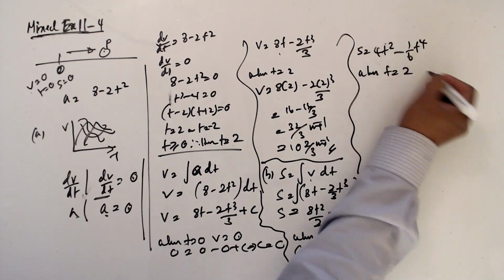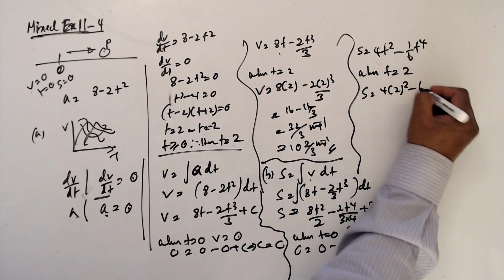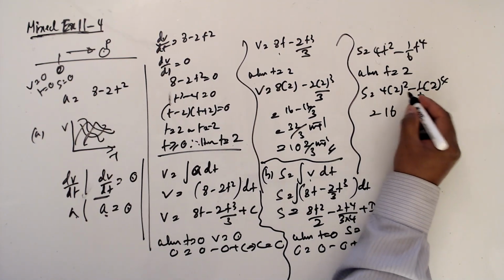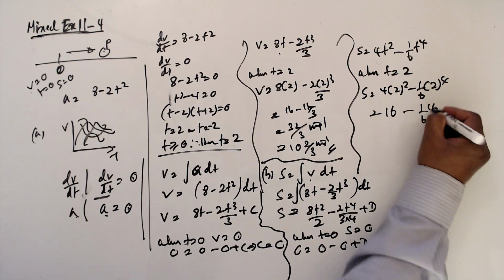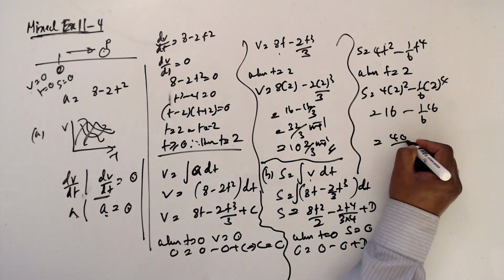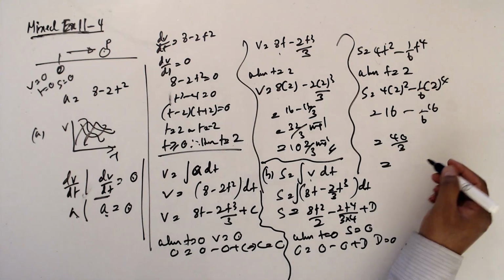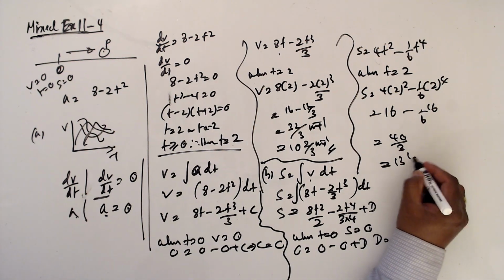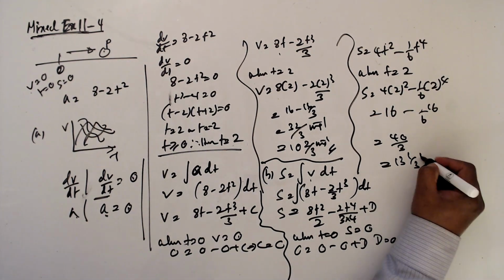When t equals 2, s is 4 times 2 square minus 1 over 6 times 2 to the power 4, minus 1 over 6 times 16. So this is going to be 40 over 3, which is 13 1 over 3 meters.